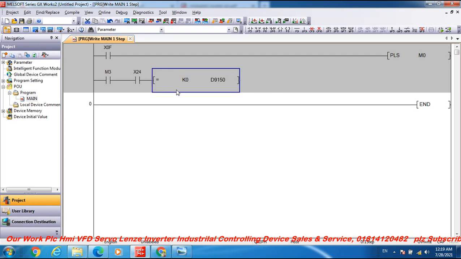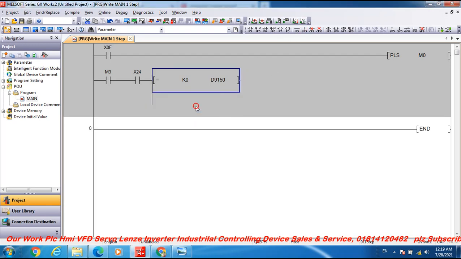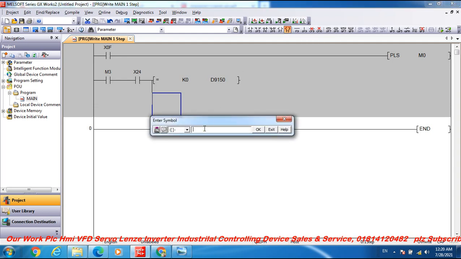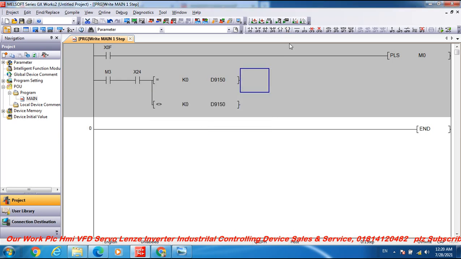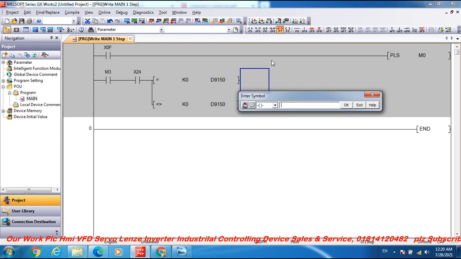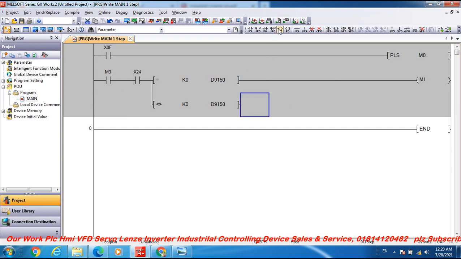And vertical line, okay, application instruction greater than or less than K0 D9150, and M1 is the normal write, and M2 abnormal write.